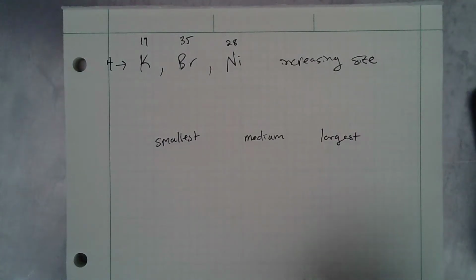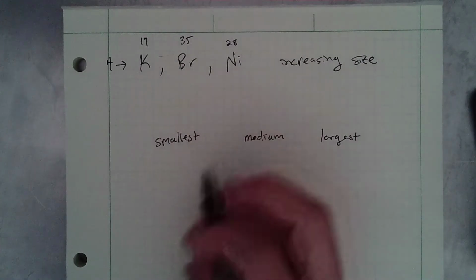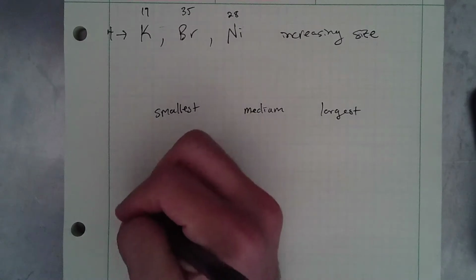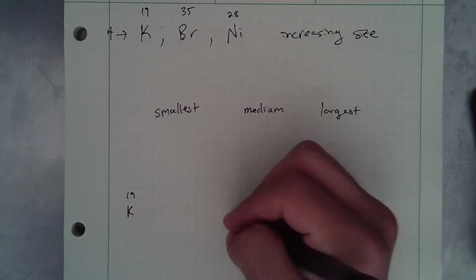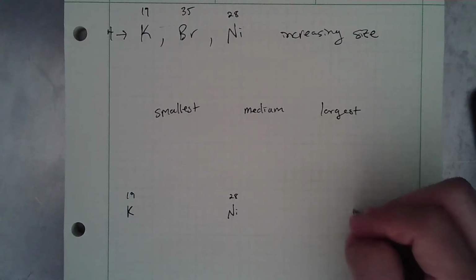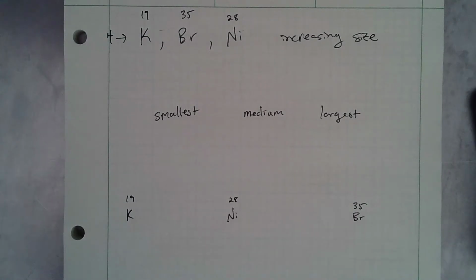If I were to arrange these elements as they look on the periodic table, it looks something like this: potassium over here, number 19, nickel sort of in the middle, and then bromine way over here, number 35.